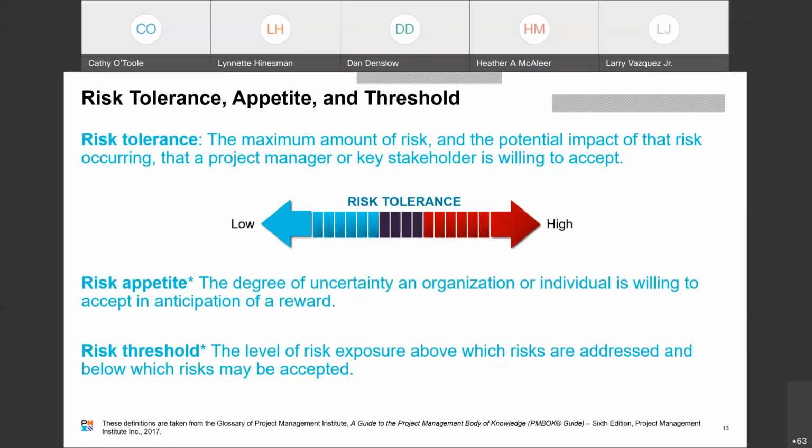In my opinion, I've never been the one to say, as a project manager, what the risk tolerance is. I'll give recommendations, but usually it's the key stakeholders who get to decide, at least in all of my experience here. The risk appetite is a definition of the degree of uncertainty an organization or individual is willing to accept in anticipation of a reward.